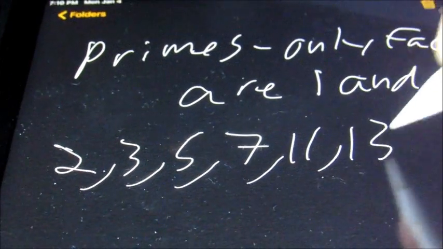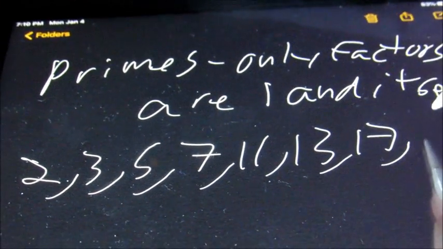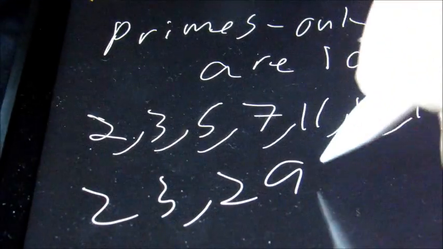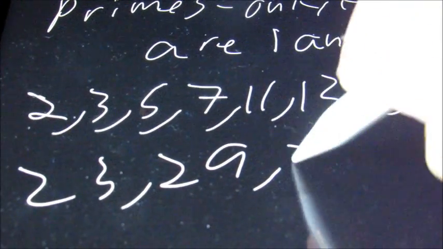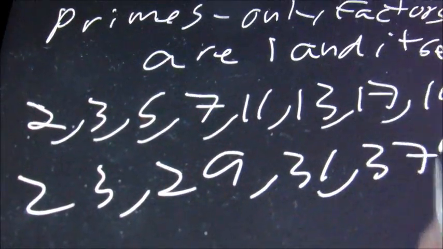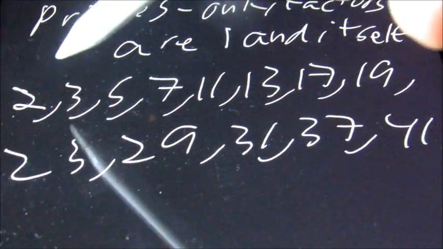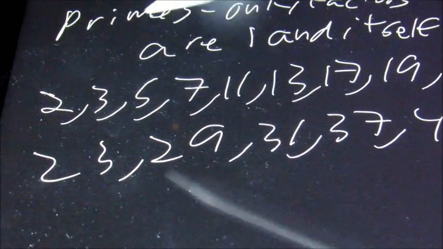So the first few primes are 2, 3, 5, 7, 11, 13, 17, 19, 23, 29, 31, 37, and 41. The only factors that exist for these numbers are 1 and itself.